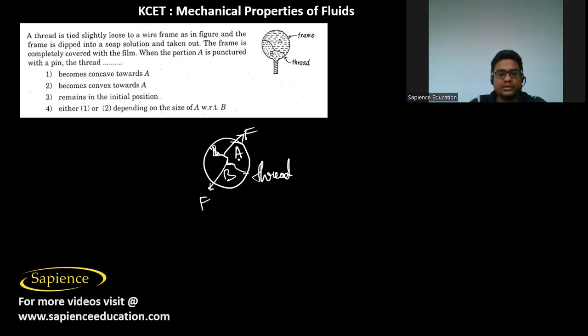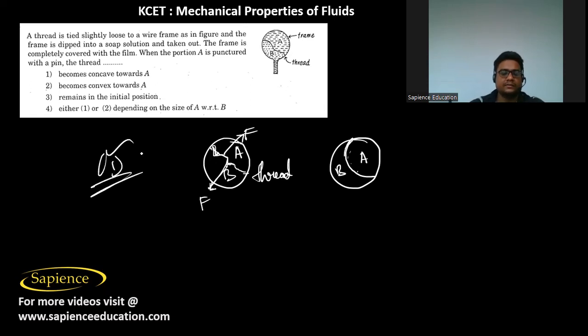Now when the portion A is punctured with a pin, in part A there is no soap film. So what will happen? On the thread, the force exerted by the frame B will act. So it means that it will become convex towards B or concave towards A. So option 1 is the correct answer.